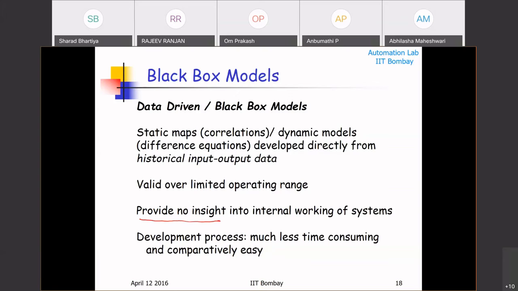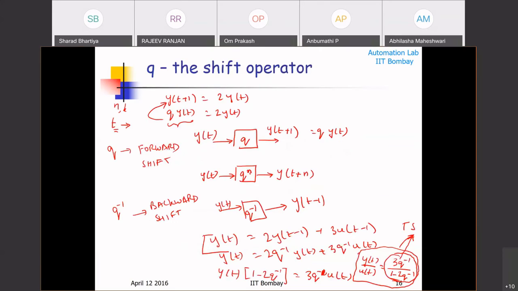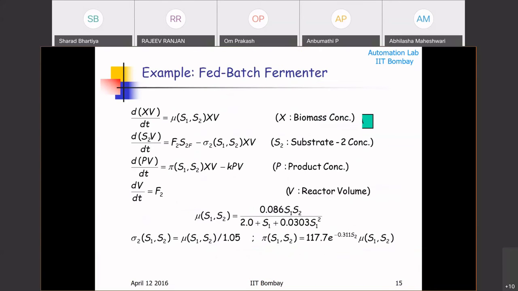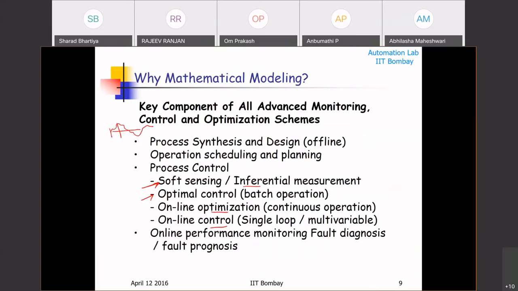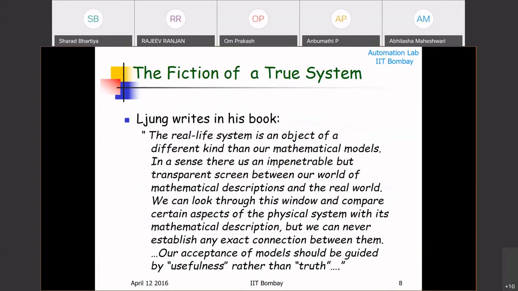But that is why there was an earlier slide which I had skipped very quickly, where I had a quote from Ljung. Ljung is one of the persons who made system identification very popular, along with his colleagues like Soderstrom and others.